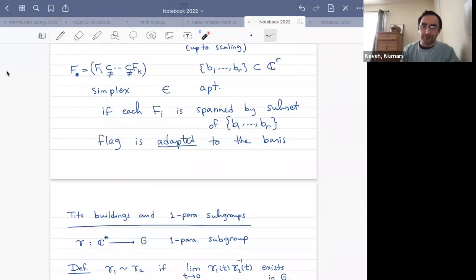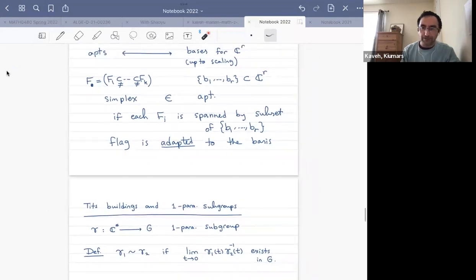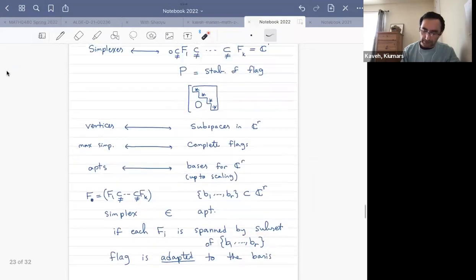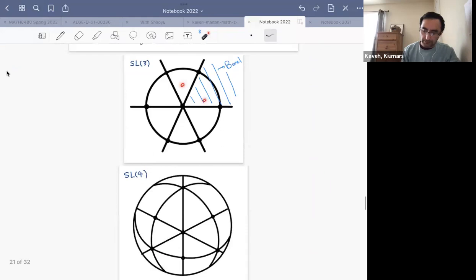And then you can compute how many partial flags you have, etc. Makes sense. There is a finite number of partial flags adapted to a basis, and that gives you exactly this picture. Each of these corresponds to an ordering of the standard basis or some basis, and these are some partial flags as such.